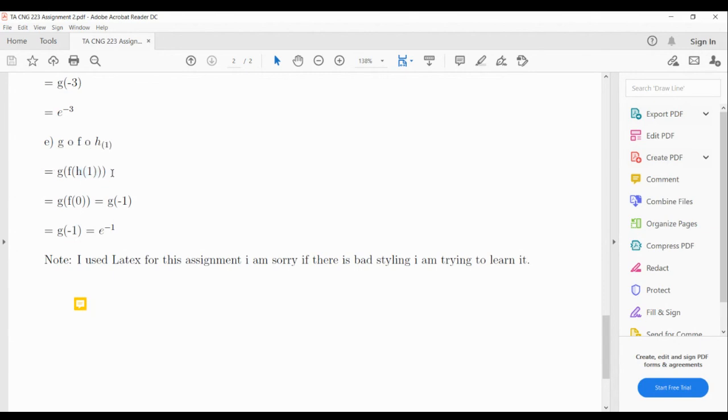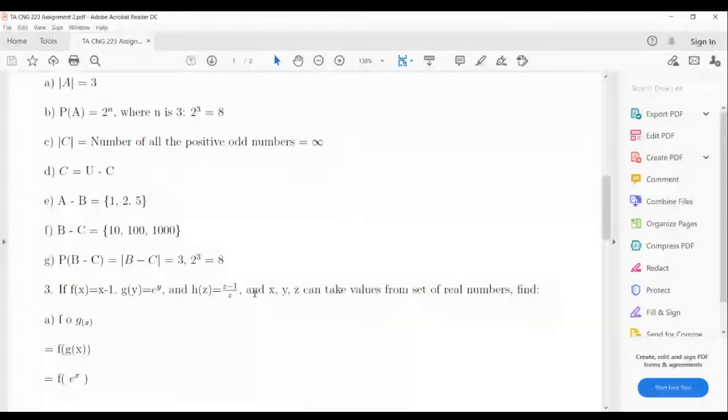For the last one, again, a composition of 3 functions together, you already know how to represent them. So first start with the input of h. First solve this one, then this one for f, and then the whole thing. So first, when I insert inside the h function, I will get 1 minus 1, which is 0, over 1, which is 0.